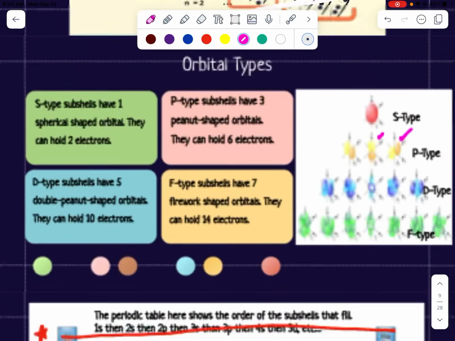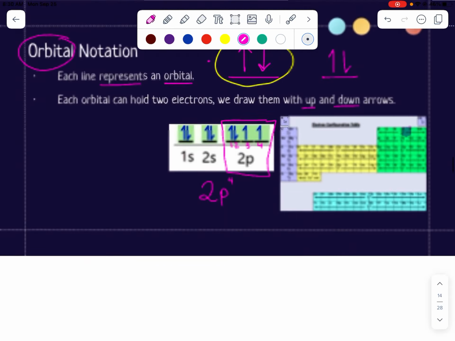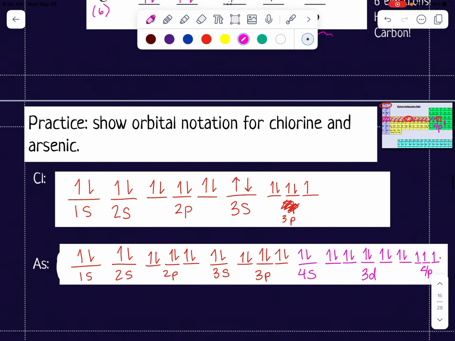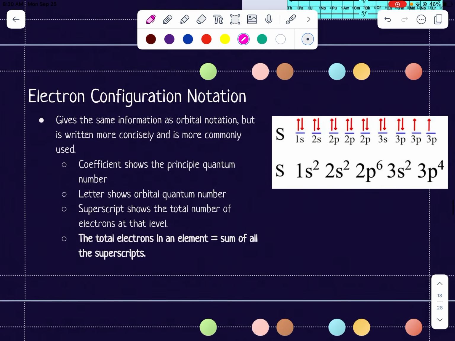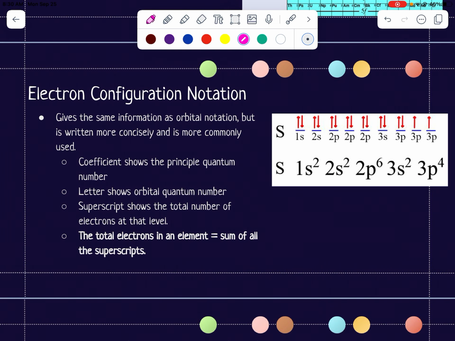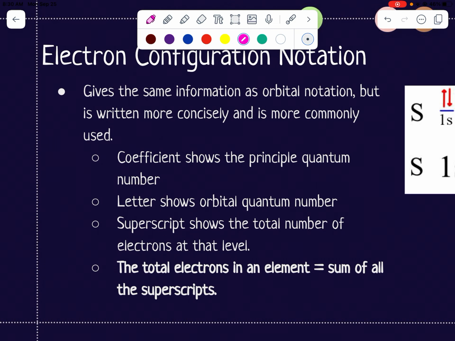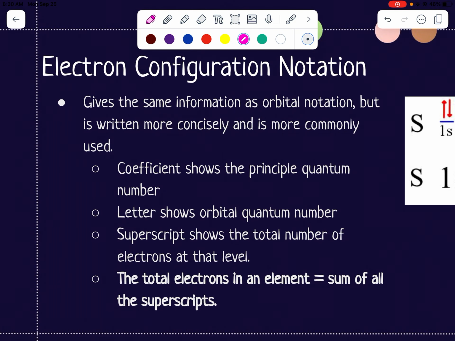All right, so moving on, that was the first version of electron configuration. We're now going to learn the second skill, called electron configuration. Electron configuration is going to give the same information, but it's written more concisely, and it's more commonly used.